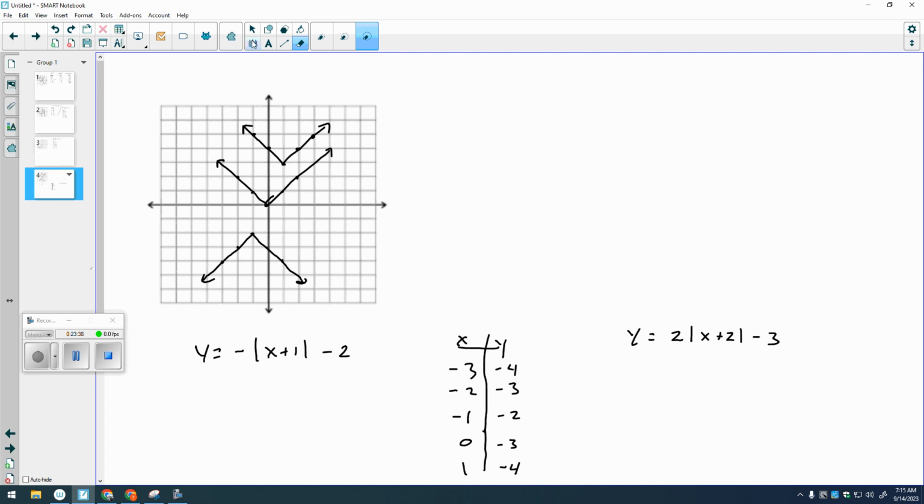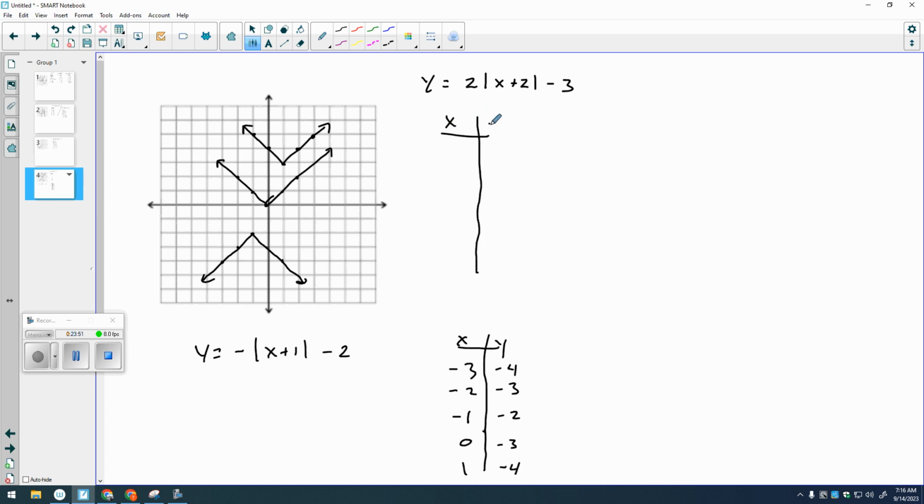All right. Let's grab this whole thing and just slide it up. All right. So I'm going to make my little table. I'm going to get rid of my graph stuff also. I should have just made a new page.